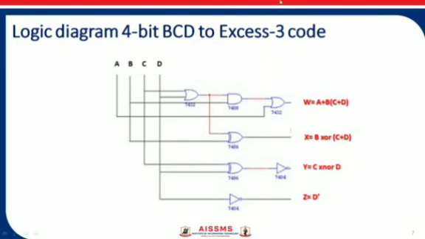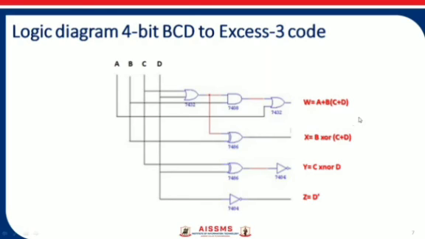So this is the logic diagram for 4-bit BCD to XS3 code conversion. Wherever a plus is there, we require the OR gate, and if a dot is there, then we require the AND gate. For OR operation we are going to use IC 7432, and for AND operation 7408.